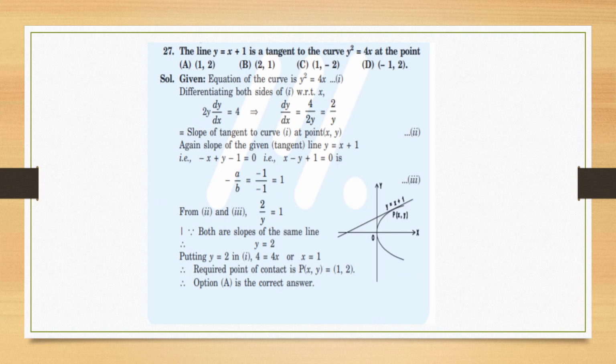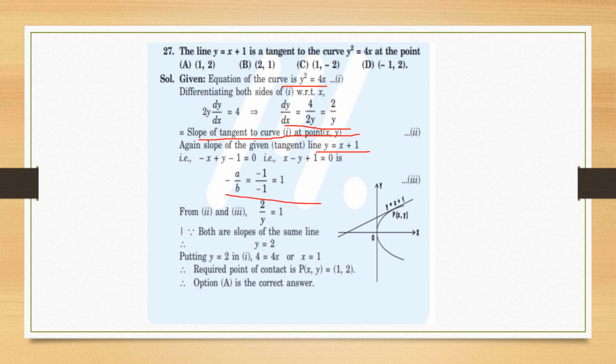Number 27: the line y equal to x plus 1 is tangent to the curve y square equal to 4x at the point. You have to check where this line is tangent to the curve. Differentiating, dy by dx is 2 by y, which is the slope of the tangent to the curve at point (x, y). Again, for the line y equal to mx plus c, the slope of the line is very clear, it is 1.